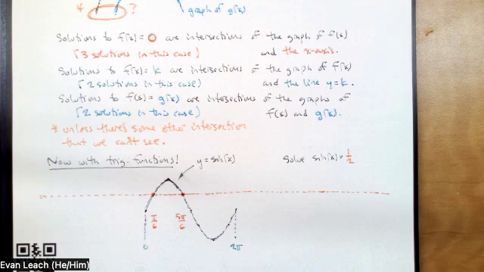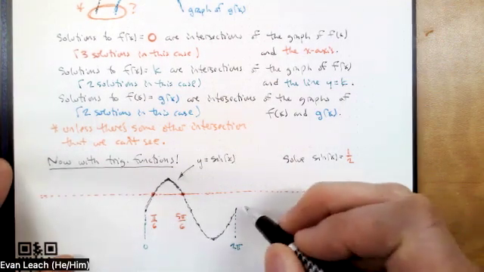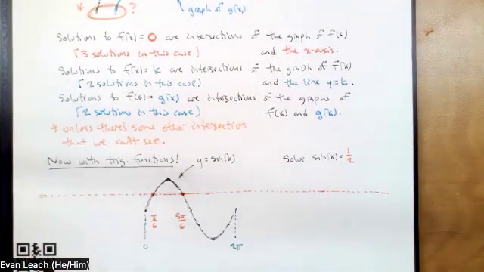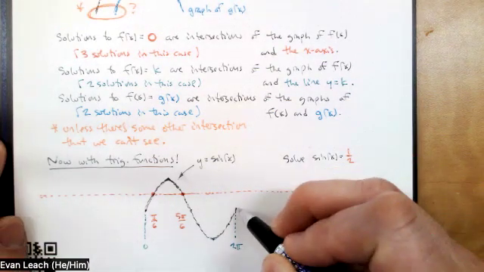Infinitely many, because what does this graph do? It just does this over and over again. This graph is going to keep going across 1/2 because this graph just goes on forever and ever.